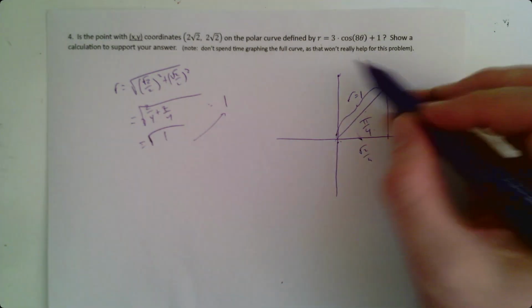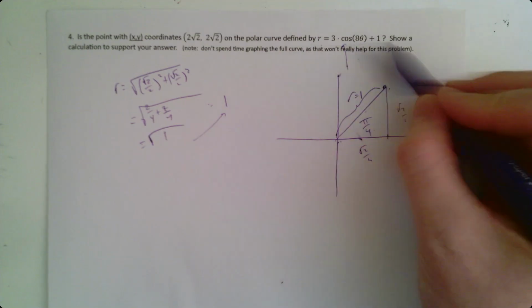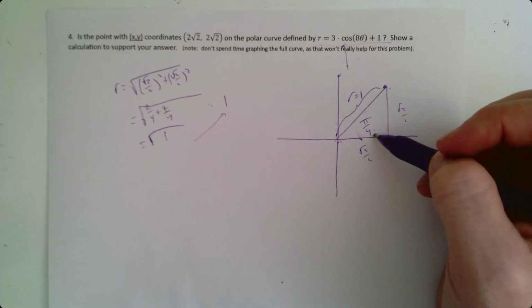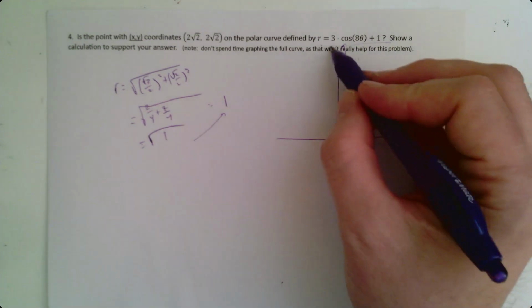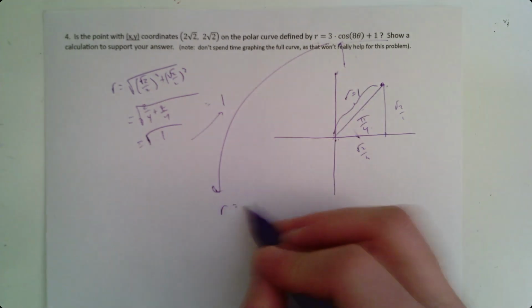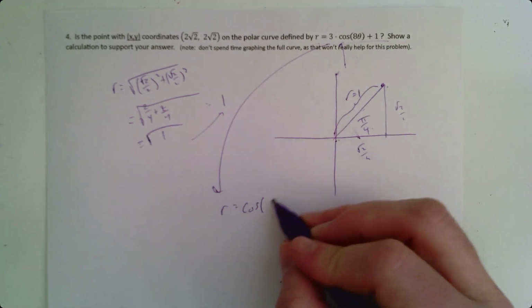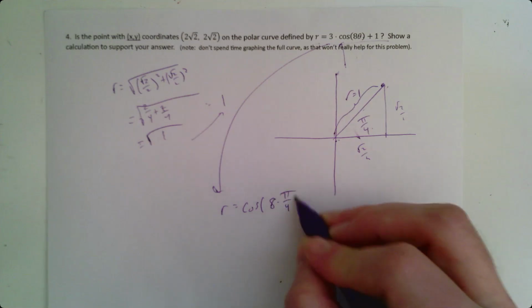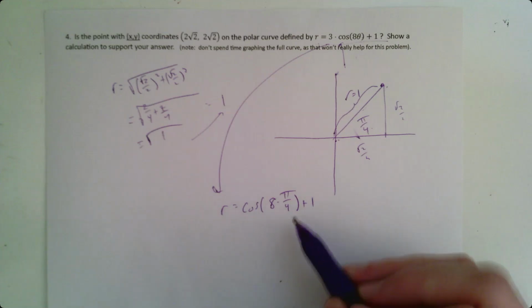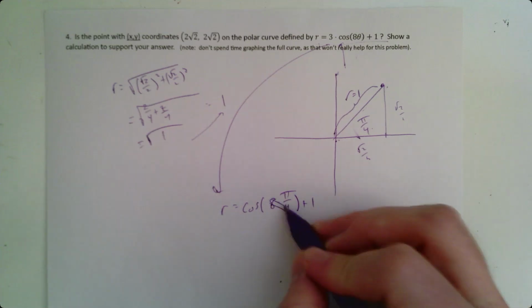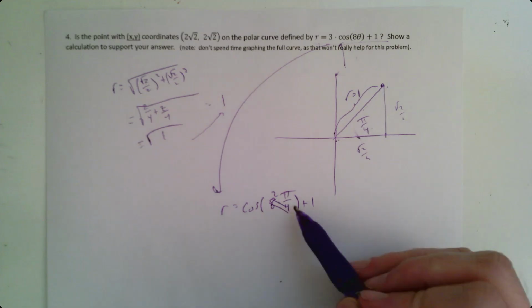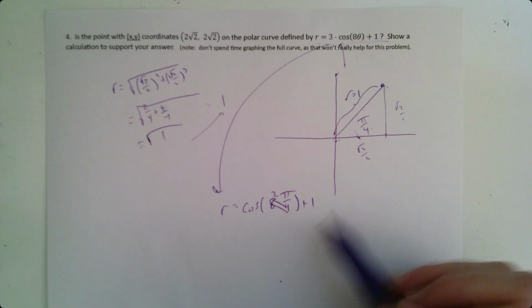All right, so now let's check to see if it's really on the curve. If I plug in pi over 4 here, r equals cosine 8 times pi over 4 plus 1. So let's see what this is. 8 divided by 4 is 2. So cosine of 2 pi, let's see, 2 pi is a full circle.